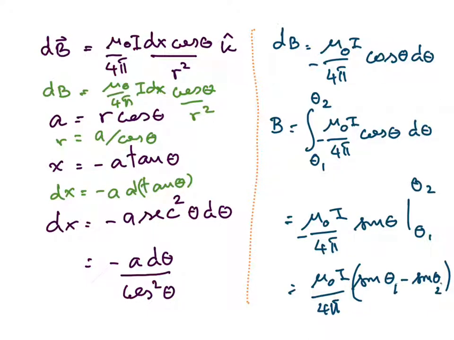You put dx equal to this into this dx, and you put r equal to a over cos theta, and you square it and put it here, or here for the magnitude, and then some cos function cancel, and also a cancel.